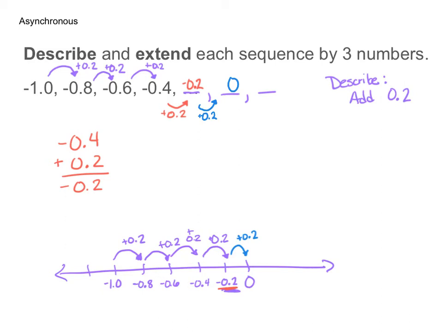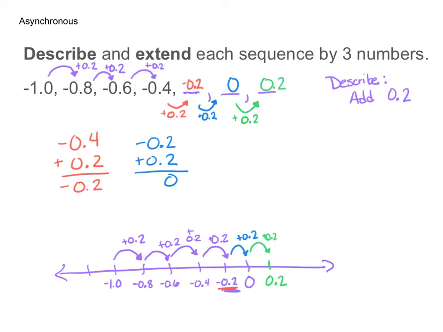I'm also going to show if I have a negative 0.2 plus a 0.2, that will give me 0. And then the last one, I have to add 0.2. So that would be a positive 0.2. And that one's pretty easy there.